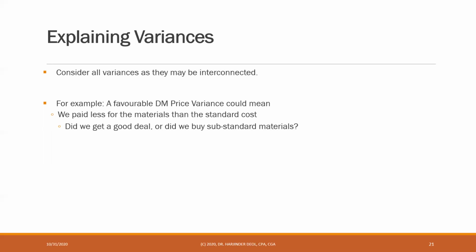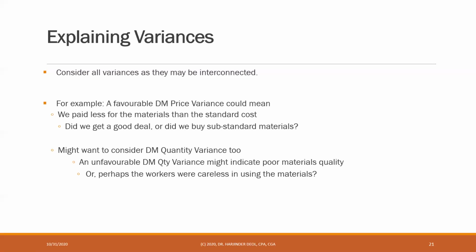However, did we really get a good deal and hence paid a lower price? Or did we get exactly what we paid for? You know, we paid less, hence we had substandard material quality. So it may be a good idea to consider the direct materials quantity variance as well.